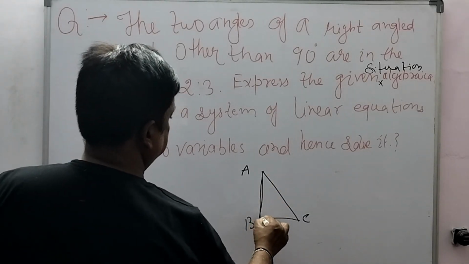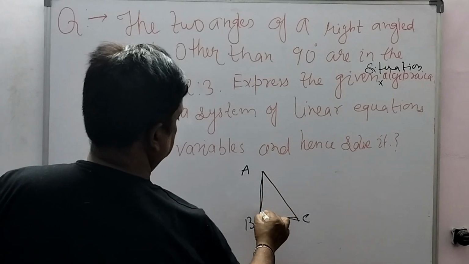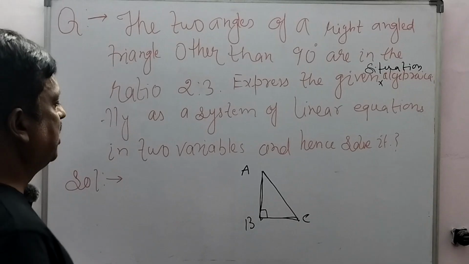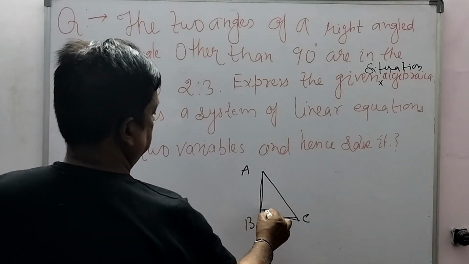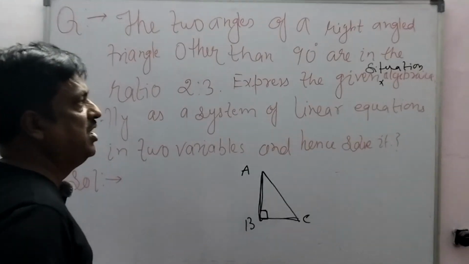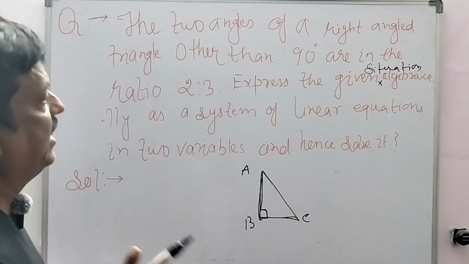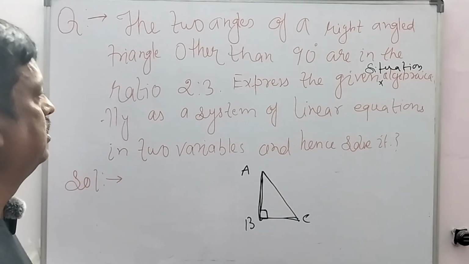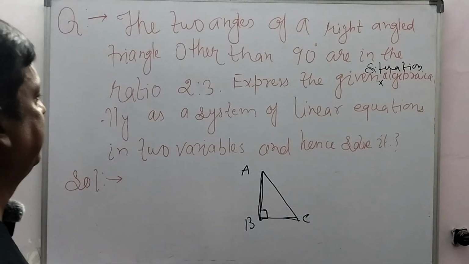Suppose ABC is a triangle which is right angled at point B. A right angle triangle has only one angle equal to 90 degree. The other two angles are less than 90 degree.